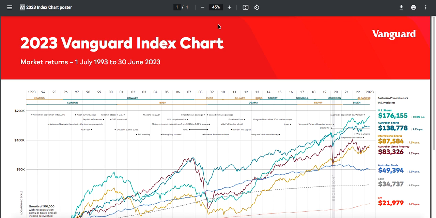So what does the Vanguard index chart show? Before we jump into the actual returns, let's better understand what we're looking at. Very basically, this is the 2023 Vanguard index chart, showing the market returns from the 1st of July 1993 to 2023, which is obviously a 30-year period.